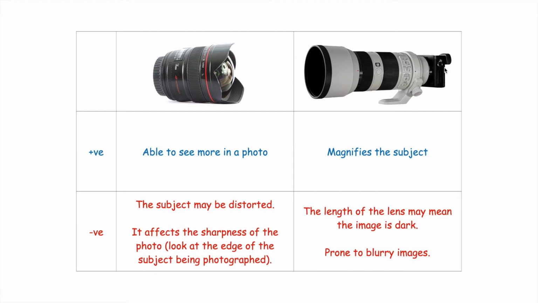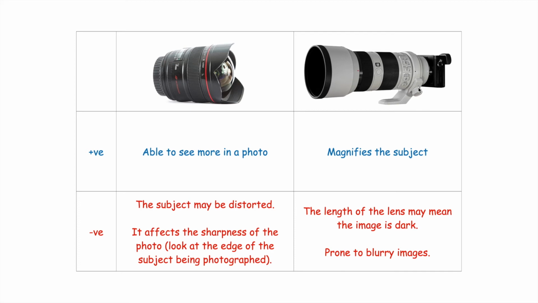So you need to bear that in mind when you're taking photos, that it's going to reduce how bright the photo is. And again, photos taken with this lens can be blurry, because this lens is really, really heavy. As I said, it's got a few lenses within that. So when you're holding the lens, you're likely to wobble, which in turn means that when you're taking the photo, it will show you a blurry image.